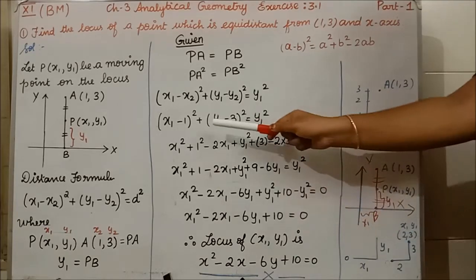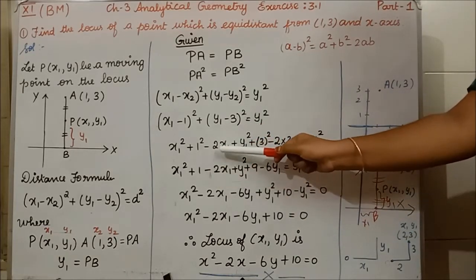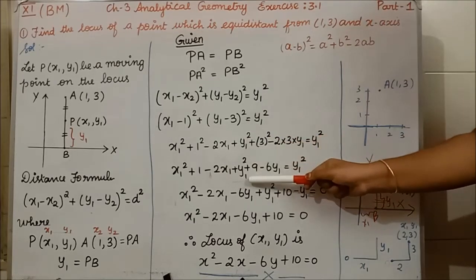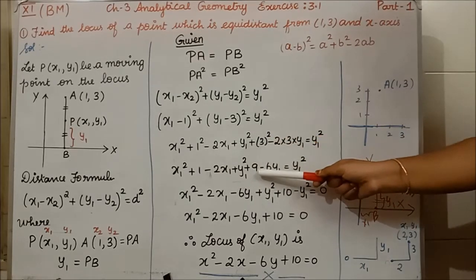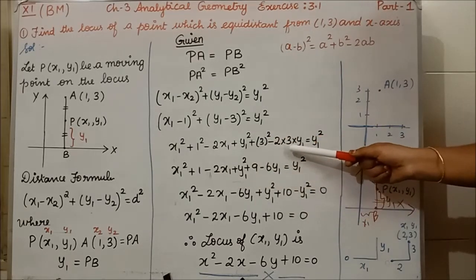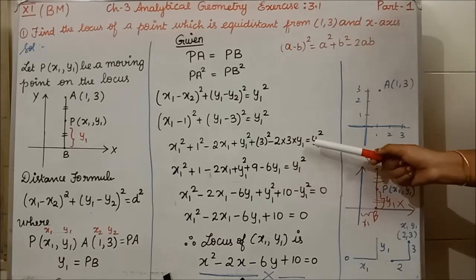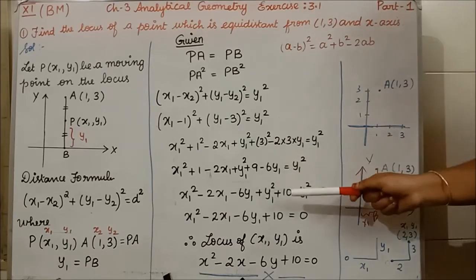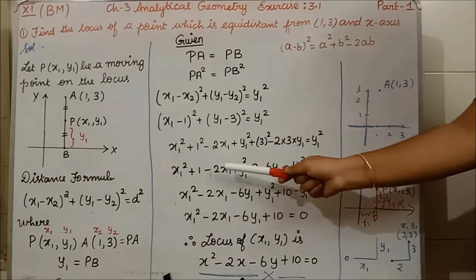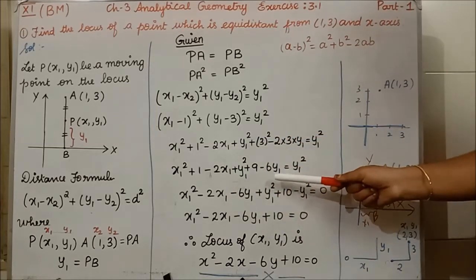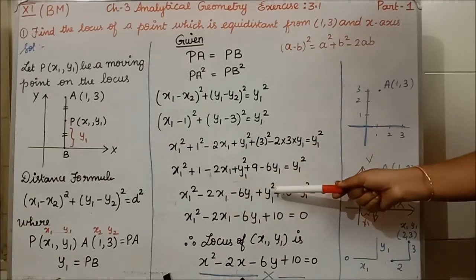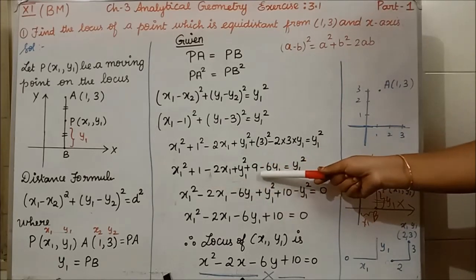The next step, if you see, x1 square, 1 minus 2x1 plus y1 square, 3 if you square we will get 9, 2 3s are 6, y1 equal to y1 square. Clear? The next step, I am writing first x1 square minus 2x1 minus 6y1 plus y1 square. Here plus 1 and plus 9 is there.